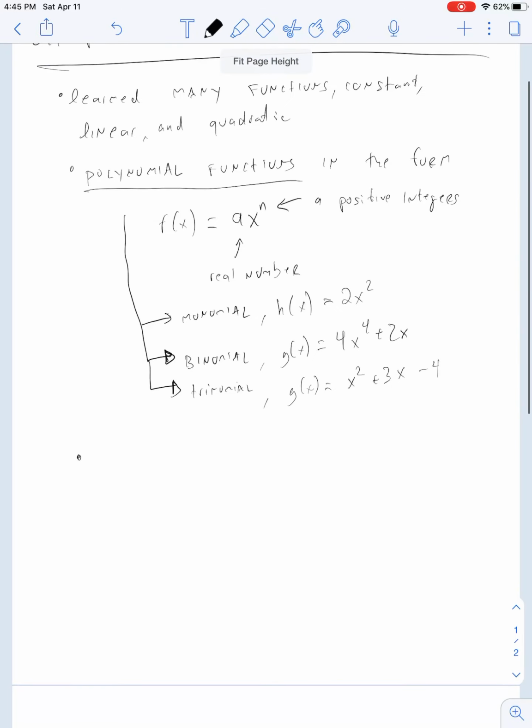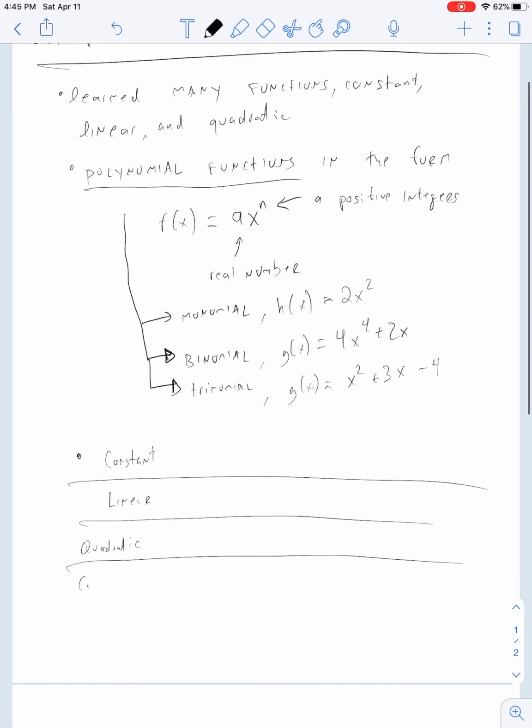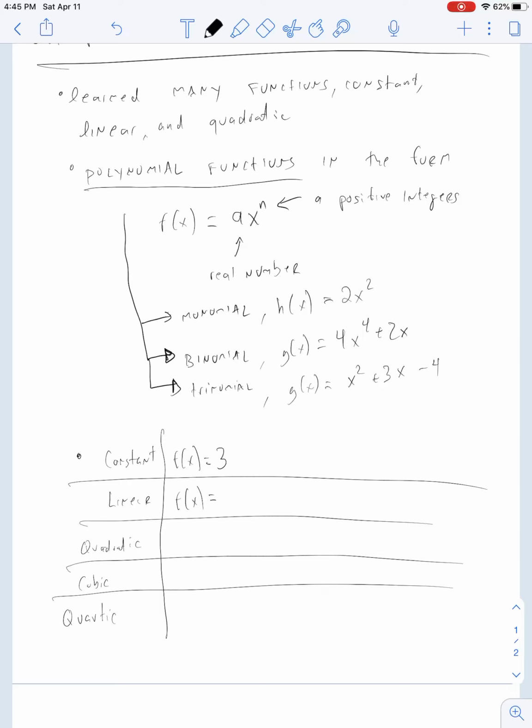So really quickly, let's make ourselves a little table of examples. Constant, linear, quadratic, cubic, and then quartic. An example of a constant is just a number. An example of something linear: all of a sudden we have a variable with no exponent.